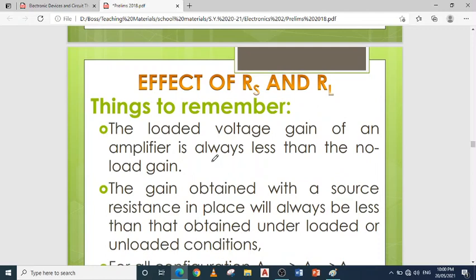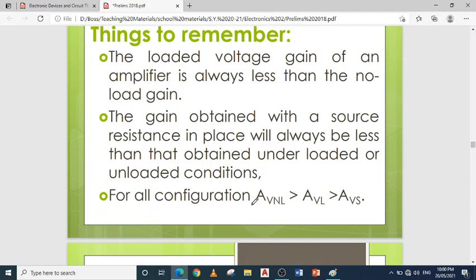Okay? Now, there are some things you have to remember. So, the loaded voltage gain of an amplifier is always less than the no load gain. Okay? The gain obtained with a source resistance in place will always be less than that obtained under loaded or unloaded conditions. So, ito yung summary niya. For all configurations, guys, si AV no load is always larger than AVL and AVS.